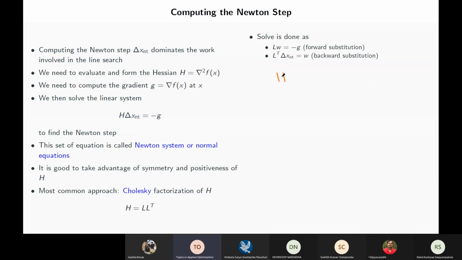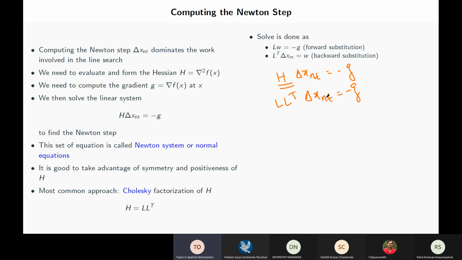I am supposed to solve H del x nt equals minus g, assuming there is a numerical routine that gives me L L transpose del x nt equals minus g, where L is lower triangular and L transpose is upper triangular. That's the important part, and that is what will make this simpler.